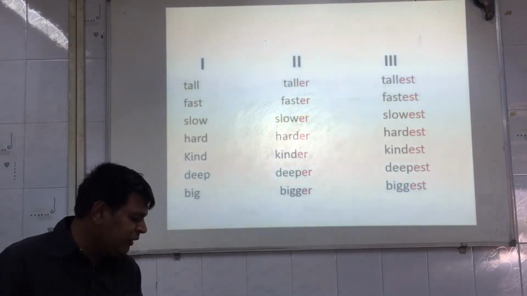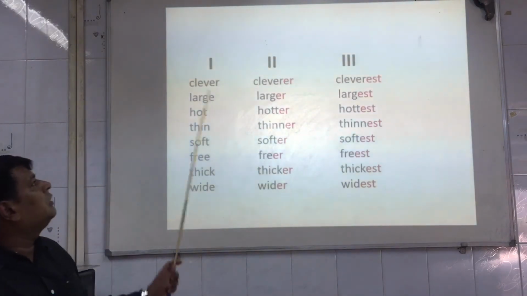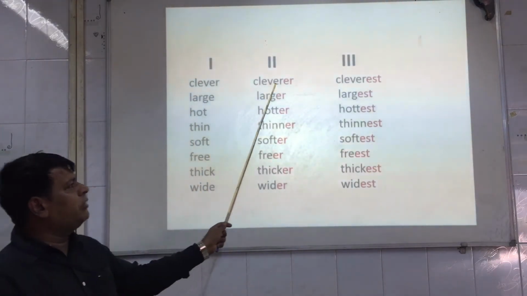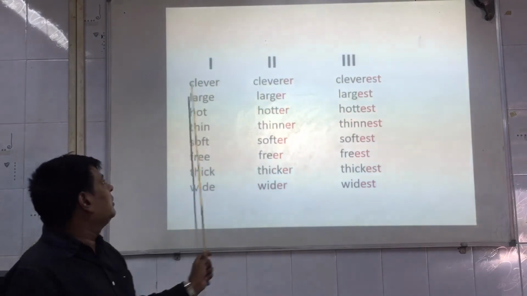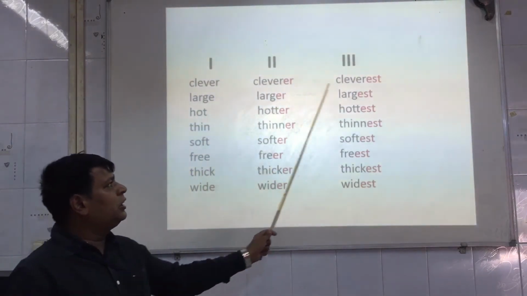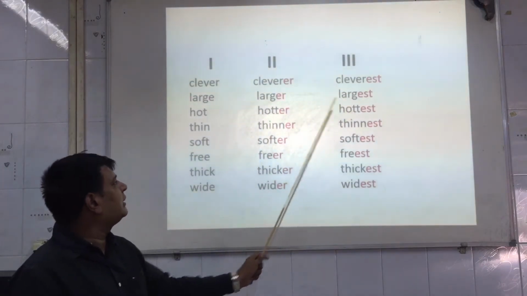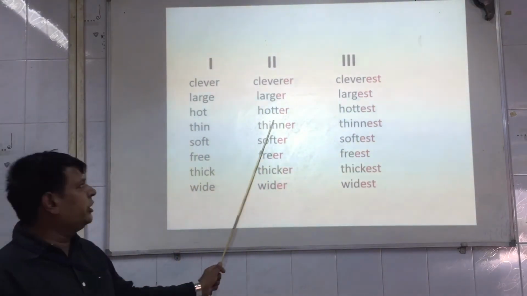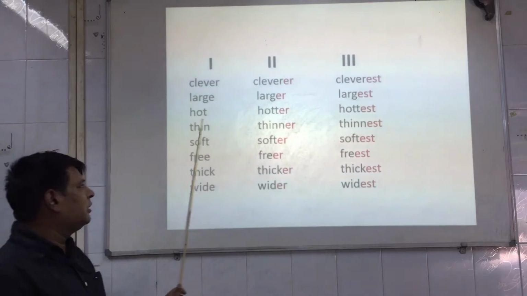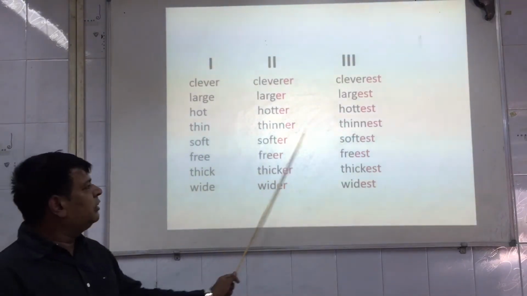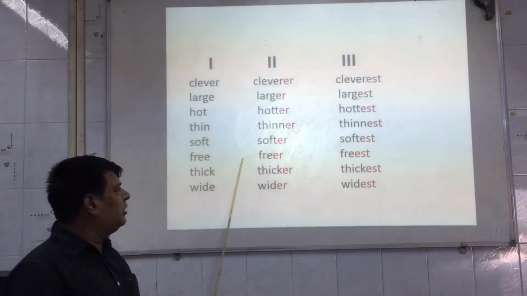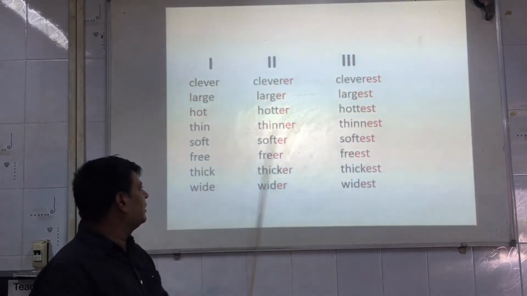See some more examples of this. Again, clever, cleverer, cleverest. Large, larger, largest. Hot, hotter, hottest. Thin, thinner, thinnest. Soft, softer, softest. Free, freer, freest.